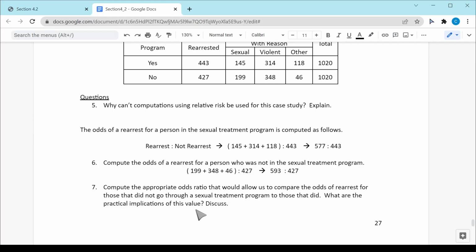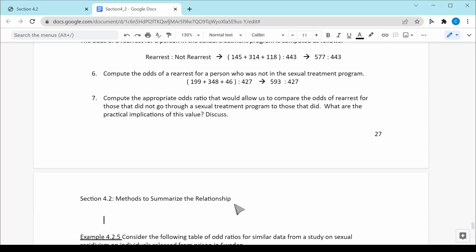So to do the odds, I need an odds ratio, excuse me. I need to figure out how to compute this so that I get it bigger than 1 here. So I'm going to take 577, I think, and that'll be the odds for those that went through the sexual treatment program.